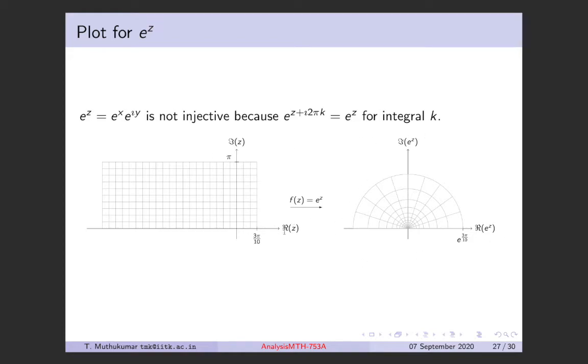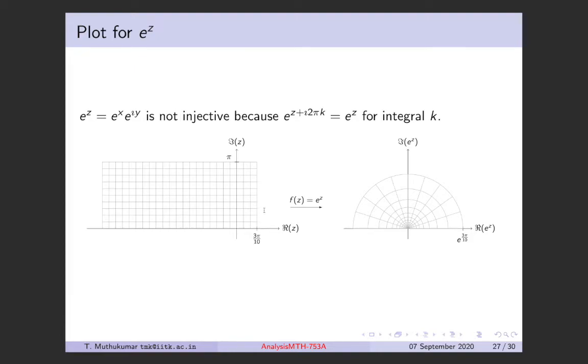And what happens to the real line here? The real line here is y equal to 0, which means the angle is 0, and the magnitude is e power x, okay, which is again here.